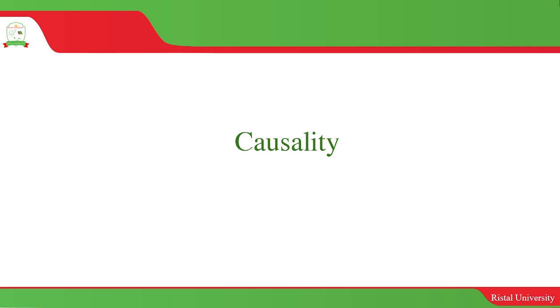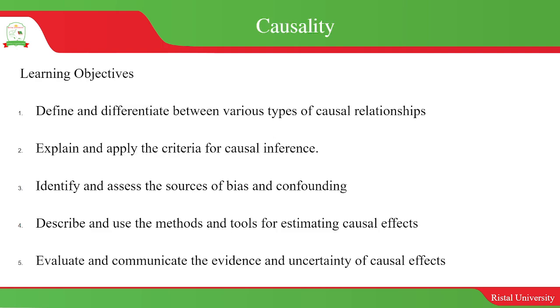All right, so let us talk about causality in this session. By the end of this session, you should be able to define and differentiate between different types of causal relationships, and explain and apply the criteria for causal inference.